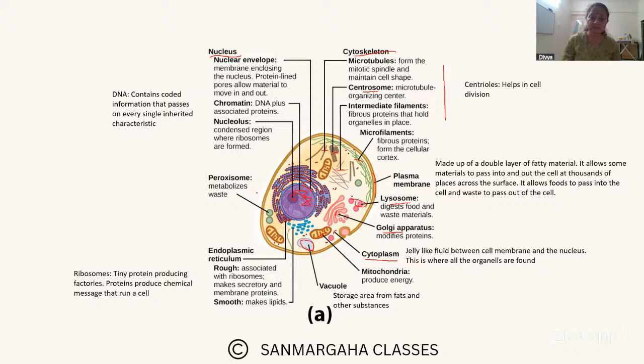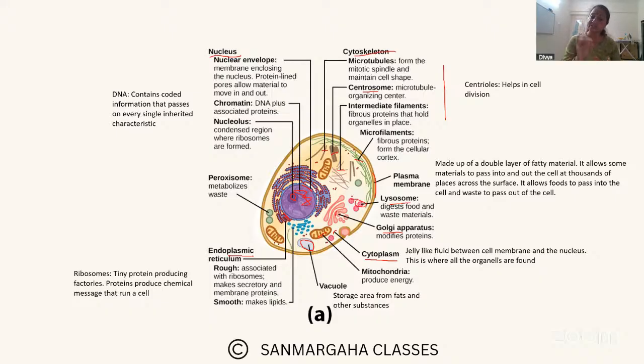Then this is the endoplasmic reticulum. You have the structure attached to the nuclear envelope. That is the endoplasmic reticulum. Here you have two types: rough endoplasmic reticulum and smooth endoplasmic reticulum. Why is it rough?